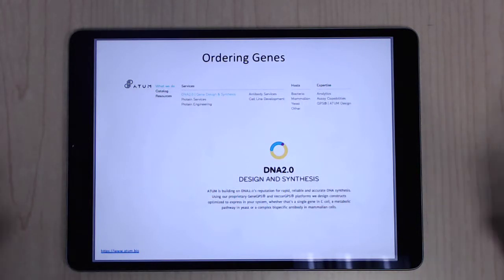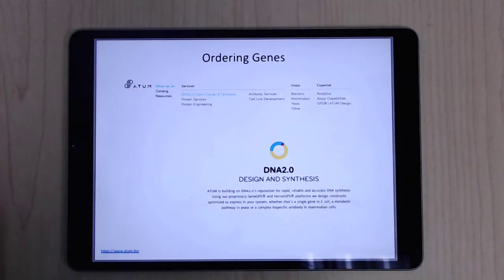I've literally ordered genes from pathogens, like plague, just as an individual gene. I mean, it wasn't anything infectious, but you can do that, and you don't have to handle the organisms at all. It's also great if you're using, let's say, animal sources. You don't have to worry about any sort of animal contamination or viruses or anything else like that. You can just order the gene, and you literally go on their website.